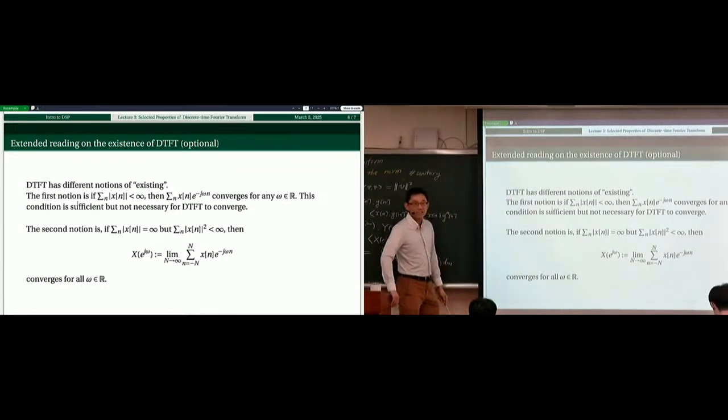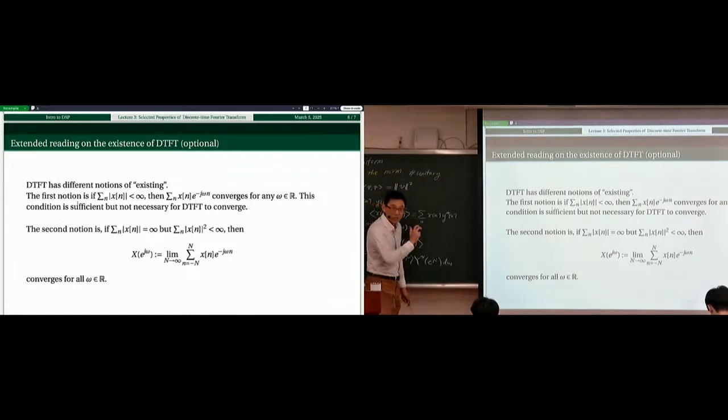Nice. Sufficient to guarantee that DTFT converges, so there's no worry. It can be calculated, it exists. So that's a notion of existence.